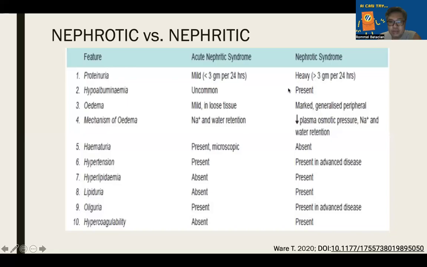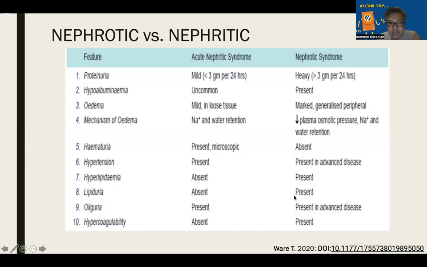Now, because again of decreased albumin, the body tries to make albumin, but a byproduct of albumin production would be cholesterol. So there is dyslipidemia, elevated cholesterol levels, in nephrotic syndrome. In nephritic syndrome it could be absent. If it is present, the patient might have a different dyslipidemic pathologic process independent of the kidney problem.